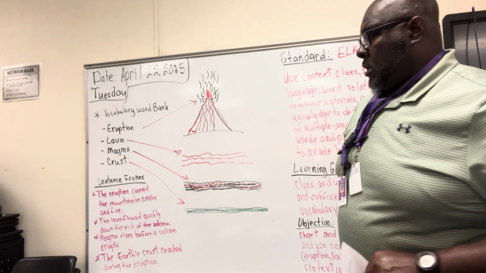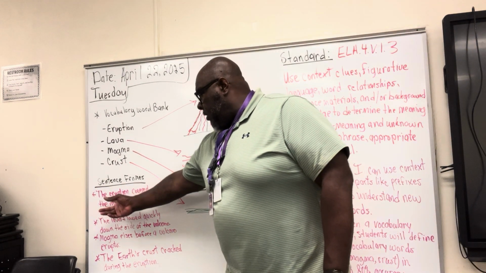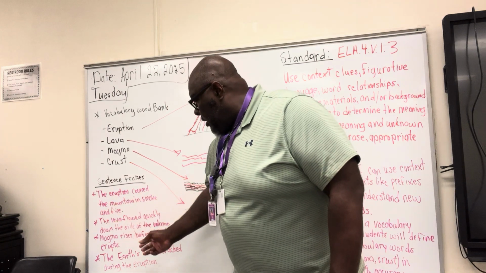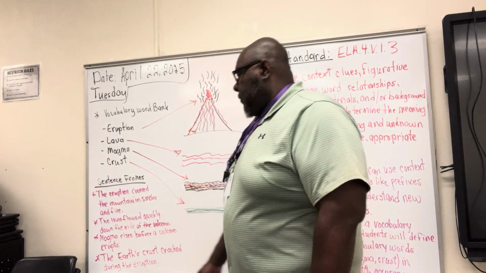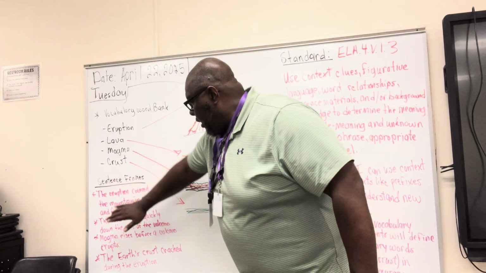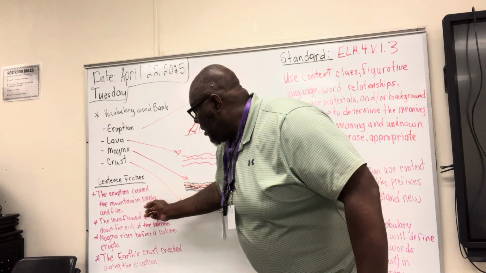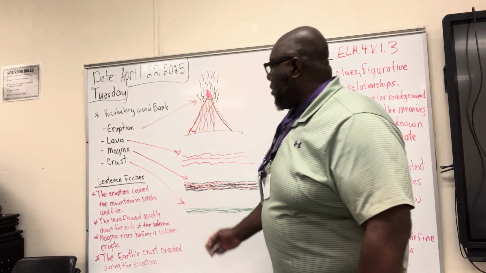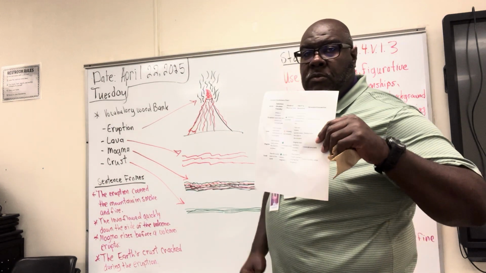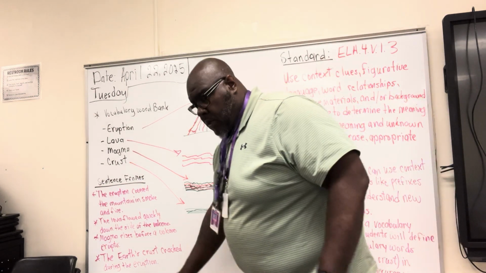Sentence fragments. So what is an eruption? We can look over here. The eruption covered the mountain in smoke and fire. If we covered the word eruption and just read the blank covered the mountain in smoke and fire, we're going to know that's an eruption based on the definition we just did, correct? So what I want you to do, the last three, and I'm going to highlight.